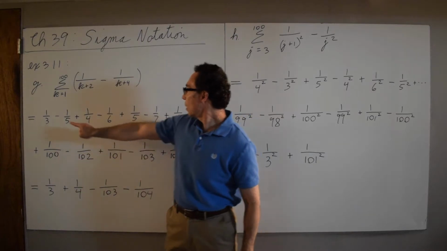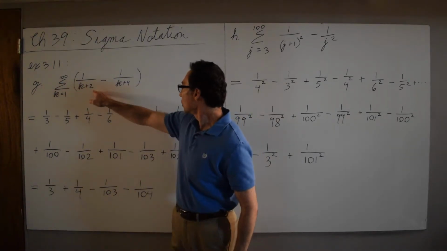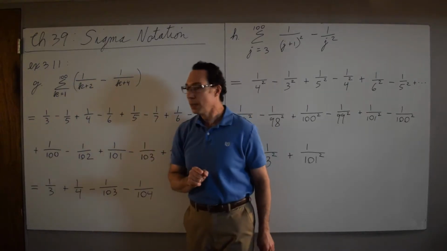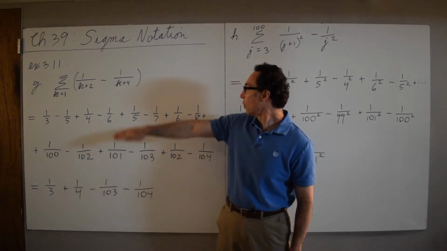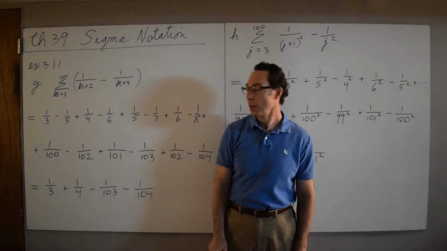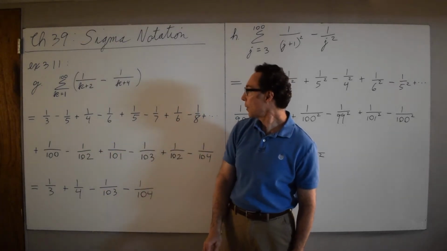And so we're going to sum k equal 1 to 100 of this expression. Now, when you look at the formulas that are given in the chapter, there isn't a formula for this type of summation. So what we do is we write out some of the terms and we see a pattern.